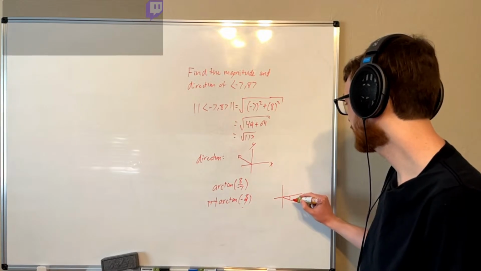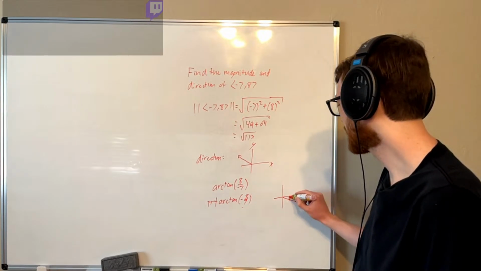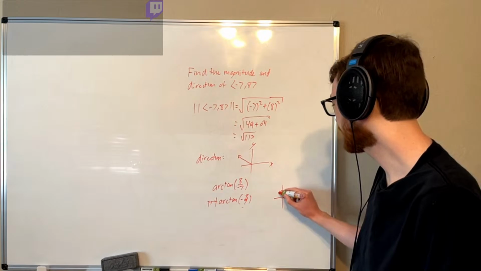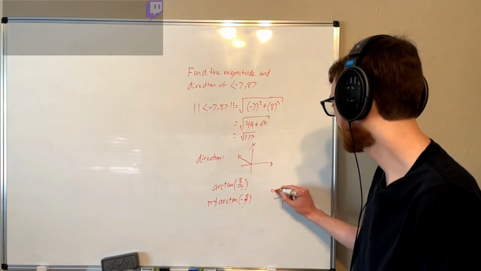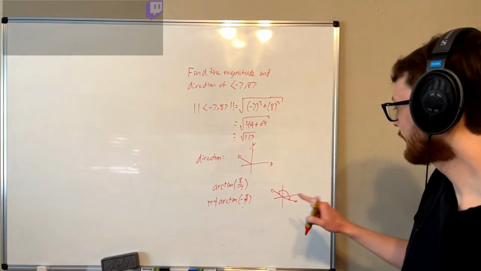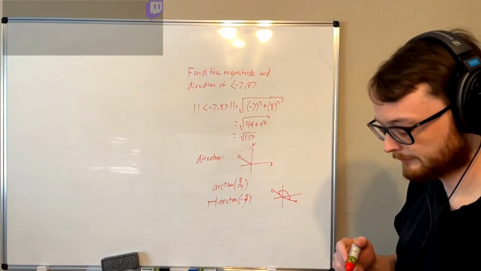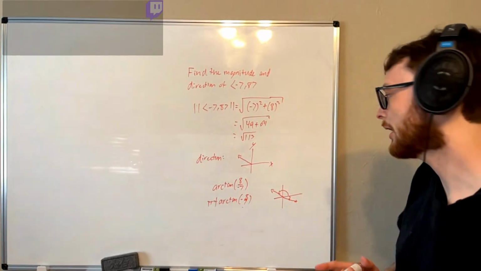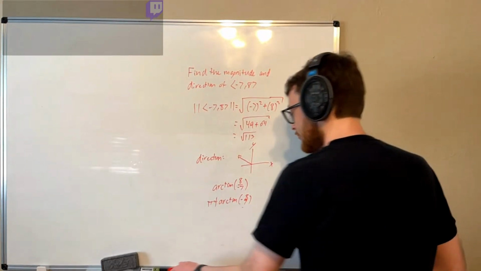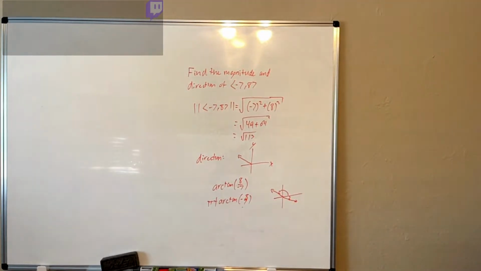We got that, but what we actually want is this. So that's the difference of pi. Okay. Or that's like adding pi. I'm on board with this now that I actually draw it. Oh gosh, okay.